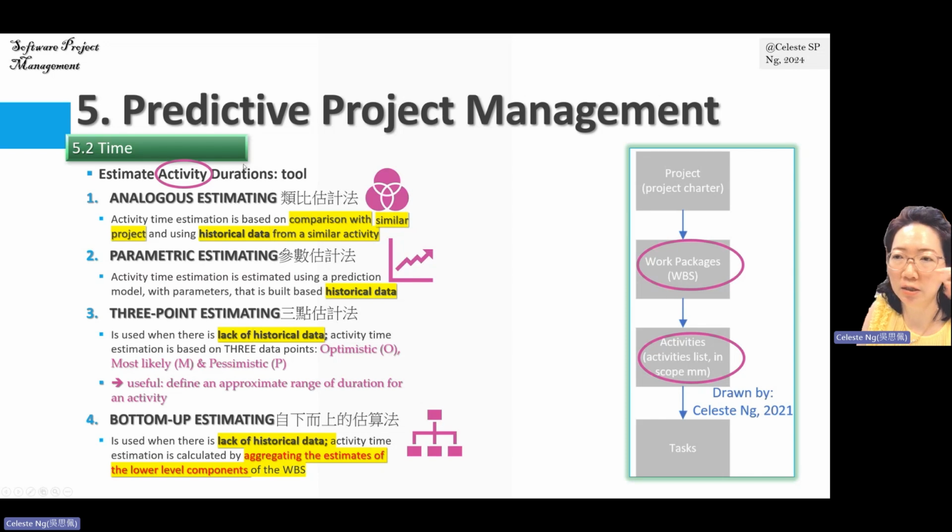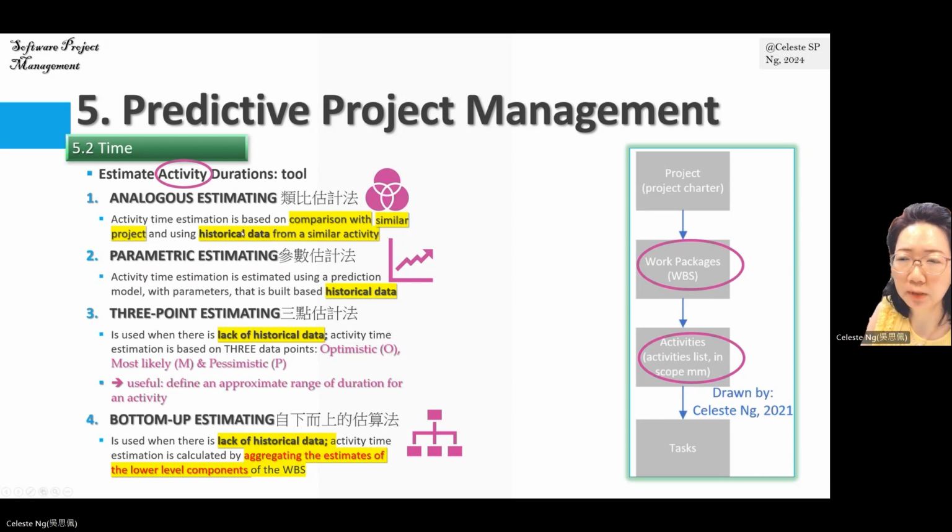And here in the time or schedule management, we have one process called estimate activity duration. In brief, our activities come from our work packages, which we already defined and can easily get from our work breakdown structure.